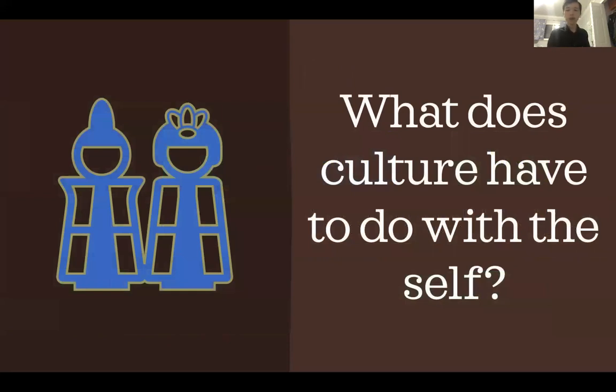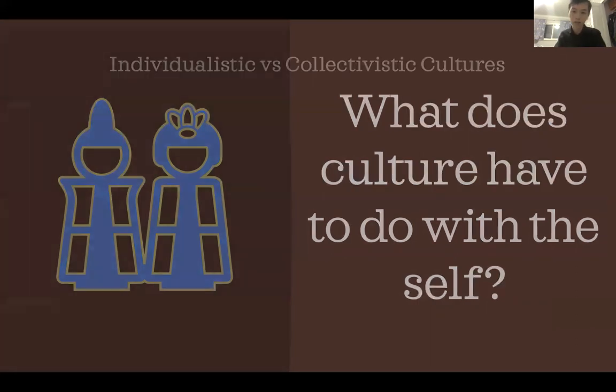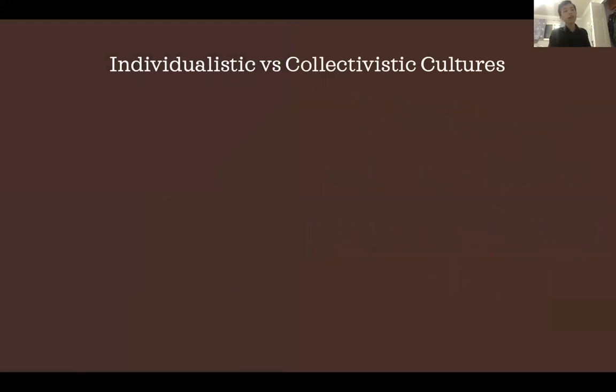So the next part is, how does culture relate to self-concept? So first, I'm going to describe how cultures are categorized. So individualistic and collectivistic cultures are very different, and I drew another T-chart here for you.